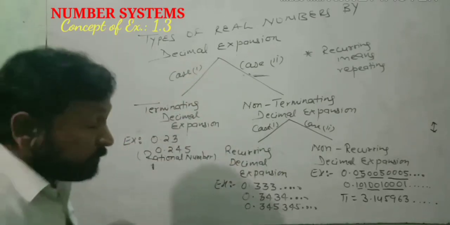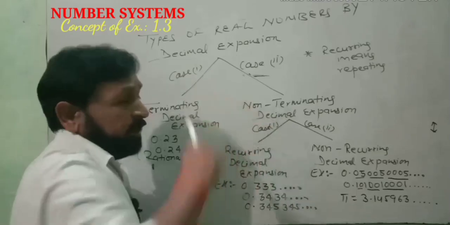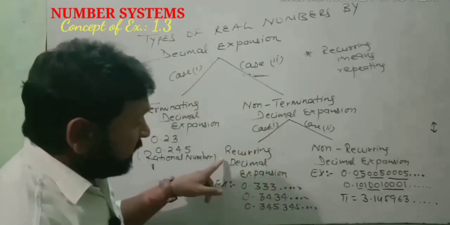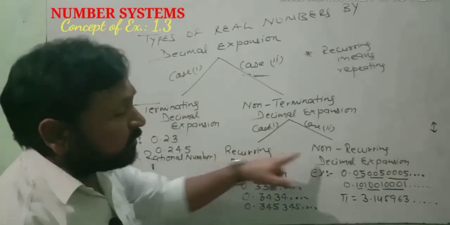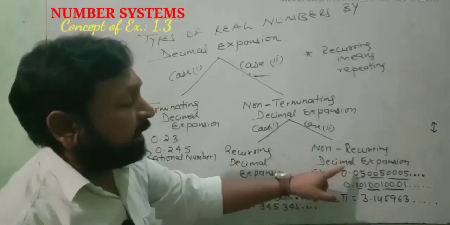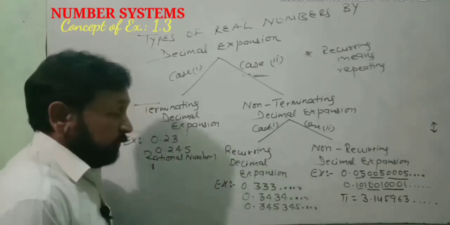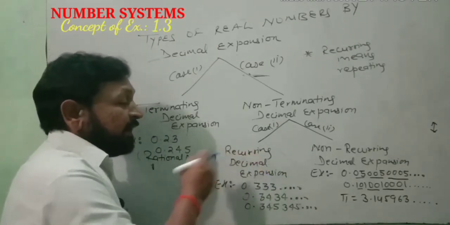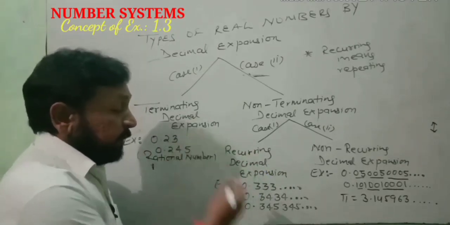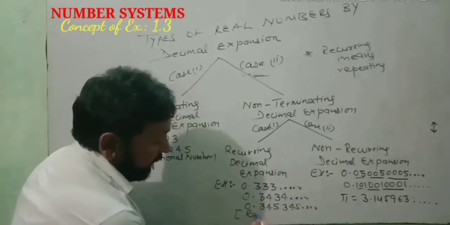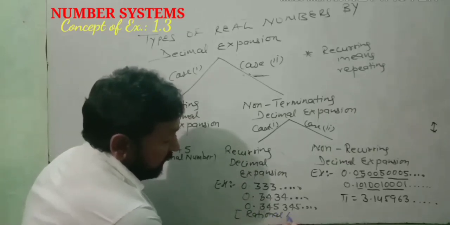Again see here, in the case of non-terminating, we are having two cases now. Recurring means repeating decimal expansion, or non-repeating decimal expansion. These both cases came in non-terminating cases. See, if the recurring decimal expansion case came, it means it is a case of a rational number.